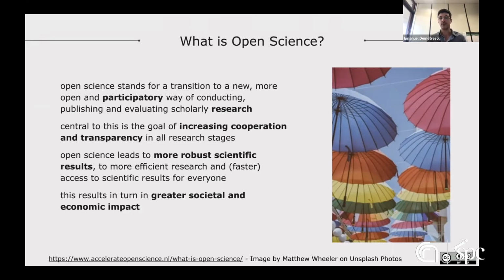The open science is a new trend in science for a new, more participatory research to conduct, publish, and evaluate scholarship. It increases the cooperation and the transparency between different researchers, institutions, and it leads to a more robust scientific result. And in turn, it generates a greater societal and economic impact.